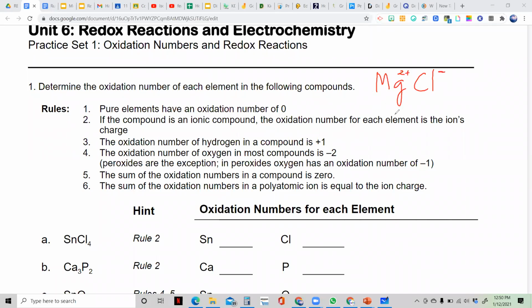So magnesium would have an oxidation number of plus 2, and chlorine will have an oxidation number of minus 1. So if they're ionic, all you have to do is just remember the charges, and your oxidation numbers are synonymous to it.